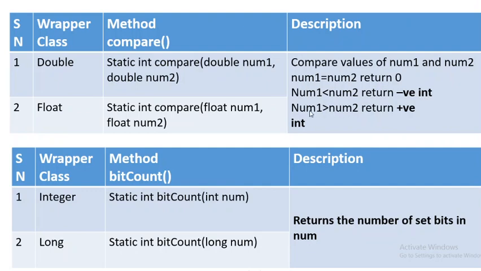If num1 is greater than num2, the return value will be a positive integer. So depending upon whether you are getting 0, negative or positive, you can identify whether they are equal or not, or which number is greater than which number.